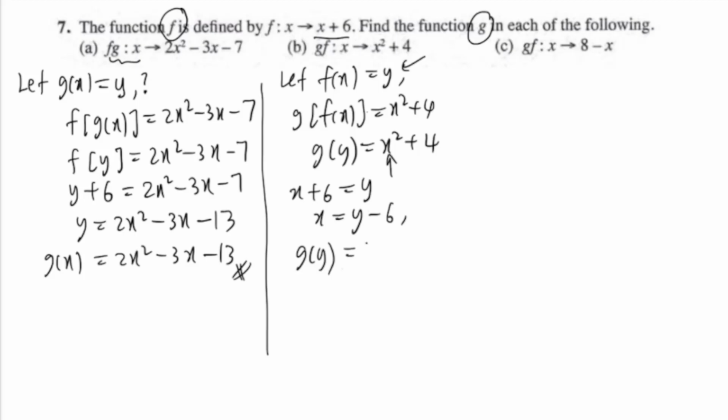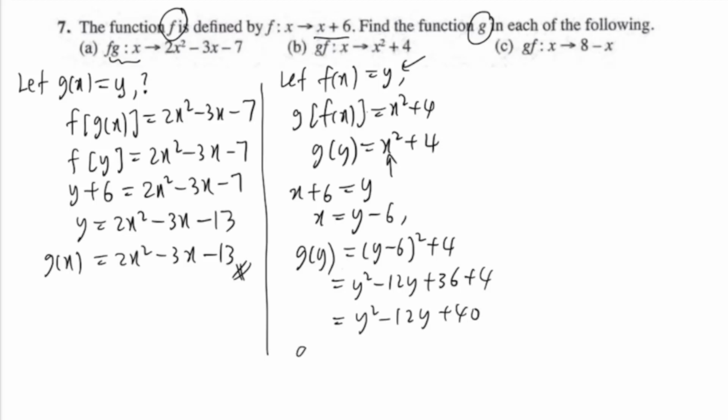So my g(y) is (y minus 6) squared plus 4. So when you expand this, you should get y squared minus 12y plus 36 plus 4. That will give us y squared minus 12y plus 40. Therefore, g(x) is x squared minus 12x plus 40. All right.